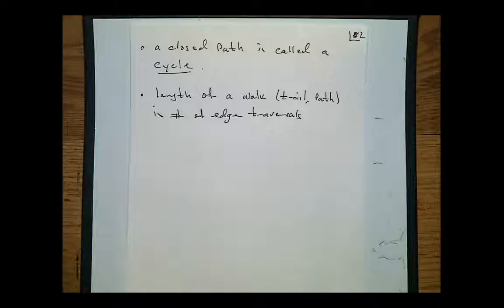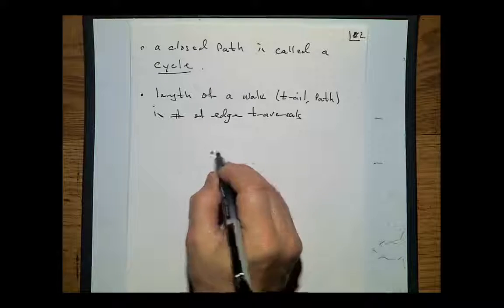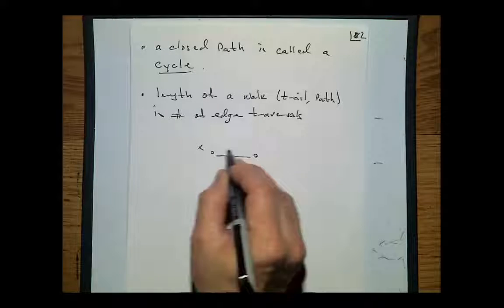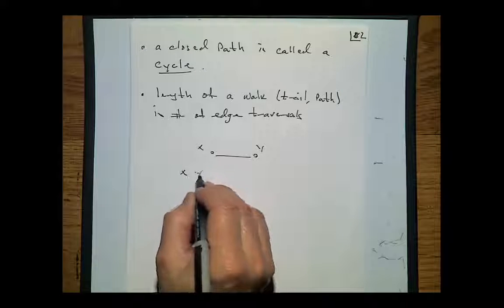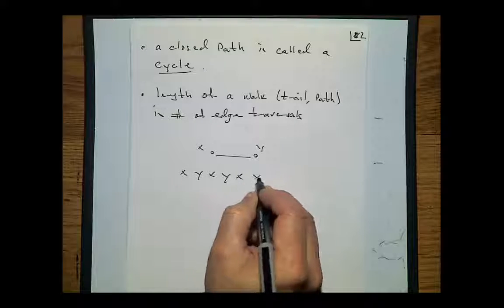So you could go, for instance, if this is your graph, you can go x, y, x, y, x, y, right?